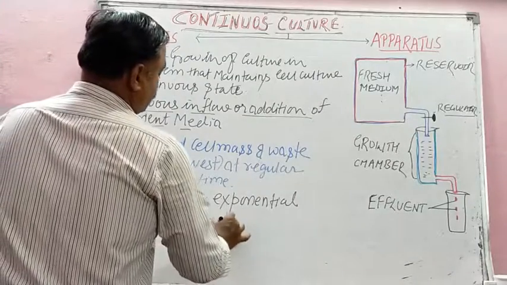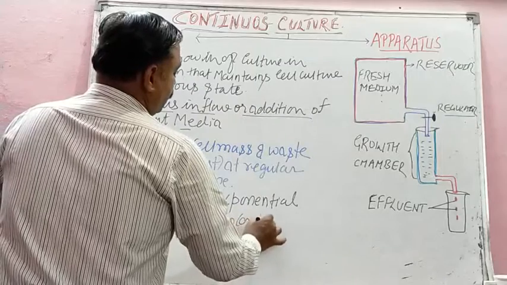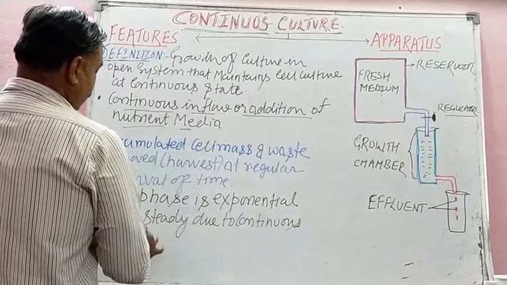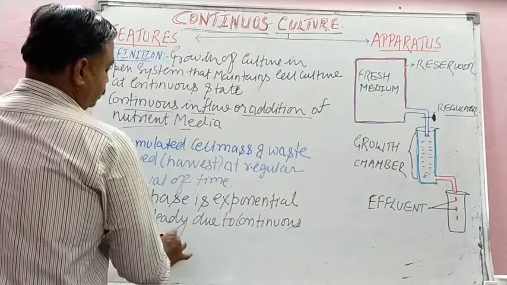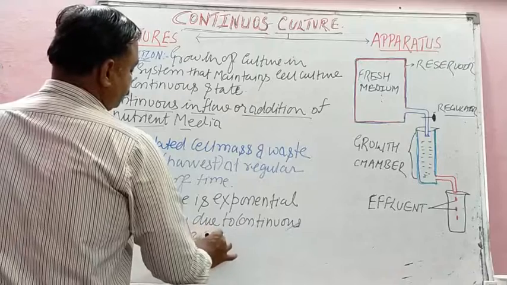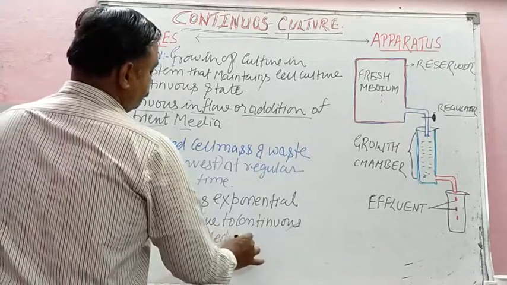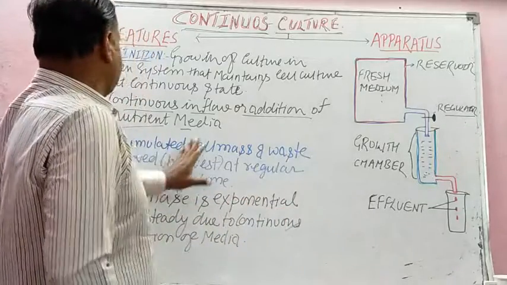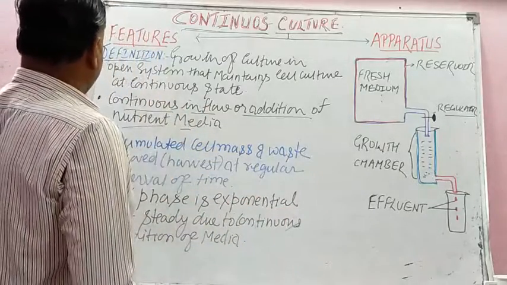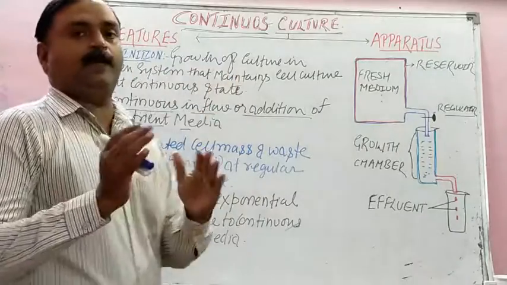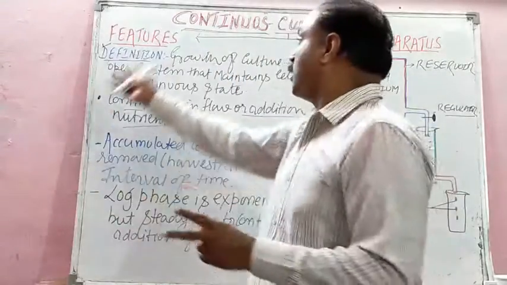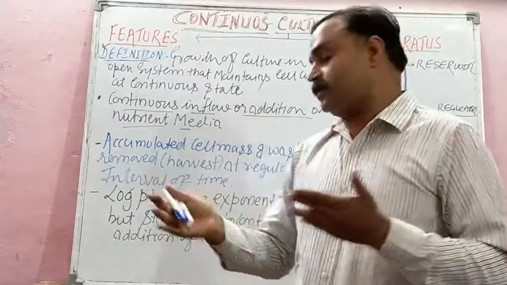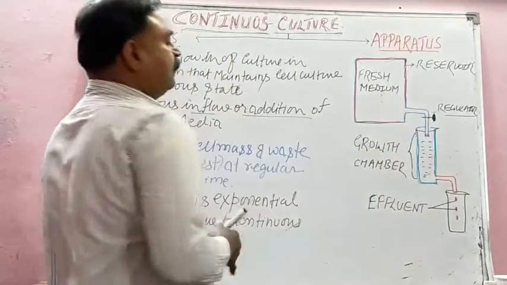Due to continuous addition of media, isn't it? So these three features, plus the definition, will help you in two ways: write a short note on continuous culture, or how can you differentiate between batch culture and continuous culture. And this apparatus is called a chemostat.